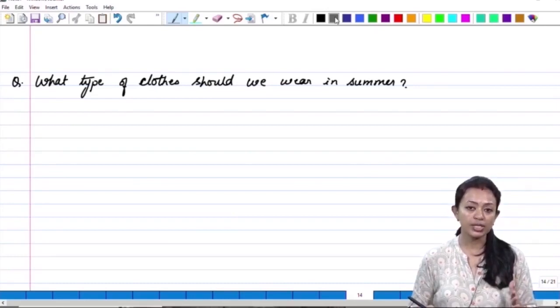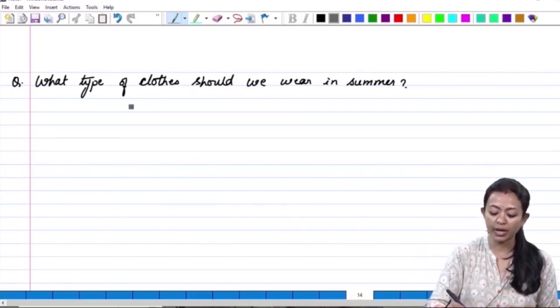Because cotton is a good absorber of moisture, it absorbs the sweat and exposes the sweat to the surrounding. And through the air pores, this sweat gets evaporated into the atmosphere. And we know that evaporation leads to a cooling effect and thus we feel cool. That's why during the summers, we should wear only cotton clothes.